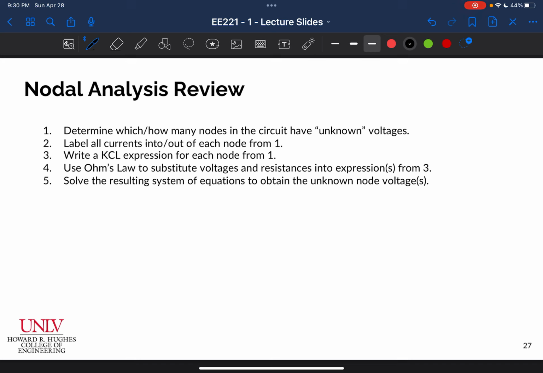I don't really want to spend too much time on it, but let's set up the problem on this slide. I want to give a problem with a sinusoidal source Vs of t.